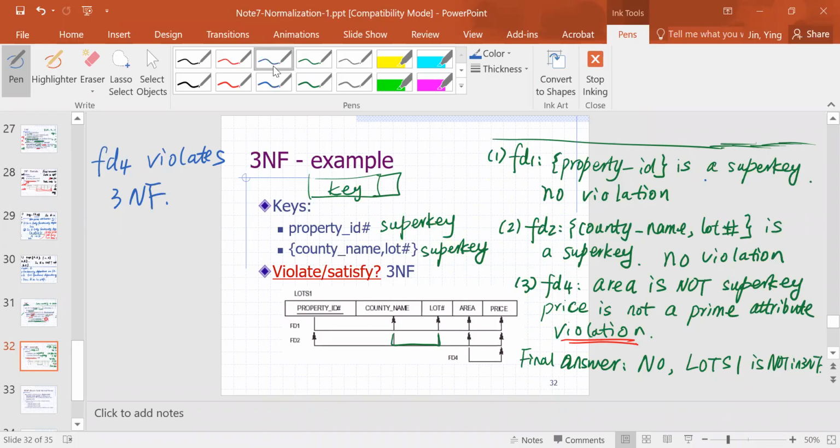You may also, for example, highlight this like that. But anyway, as long as you write it down, I'll be able to see it. It'll be nice if you put down one extra step, but it's not required. But you have to write down the relation here. Otherwise, it's not an obvious state. Why is this not in third normal form? Because you found one relation.